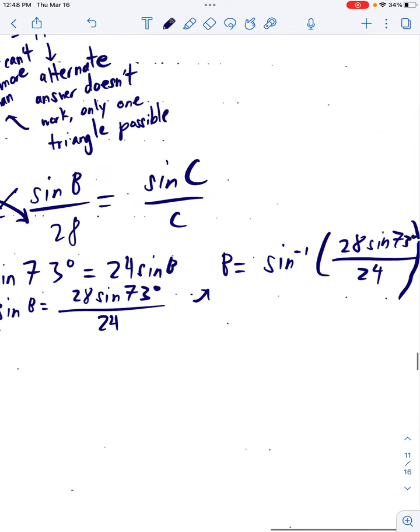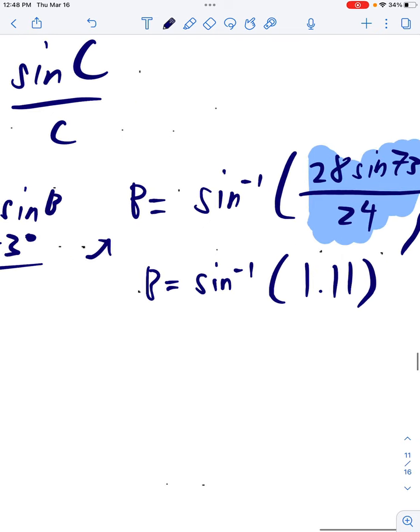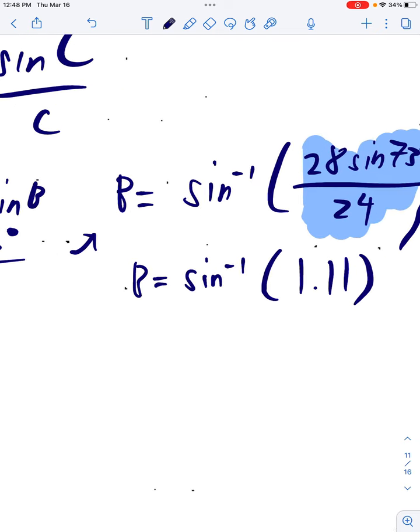All right, so let's think about this. To illustrate this example, I'm just going to crunch all the numbers into my calculator first. So I'm going to do 28 sine 73 divided by 24. So I get B equals inverse sine of about 1.11. Try doing that in your calculator. Inverse sine of 1.11.